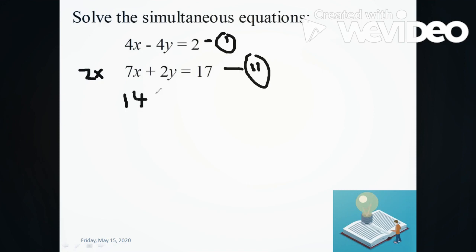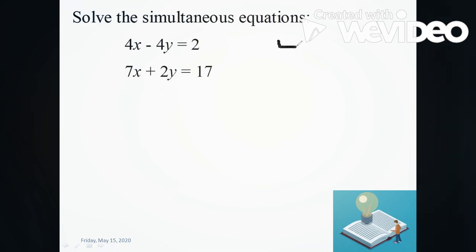Let me just set this up again. I'm going to rewrite equation 1 over here on the right hand side, 4x minus 4y equal to.